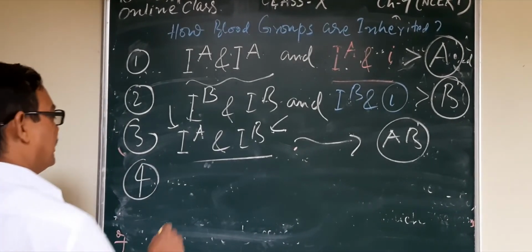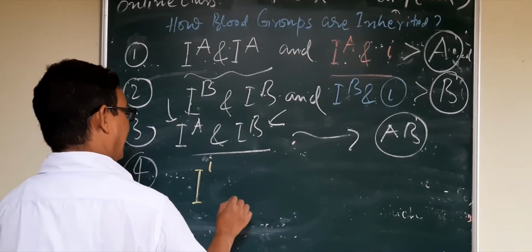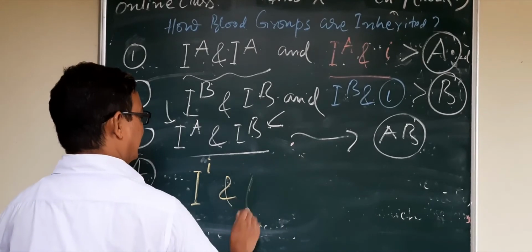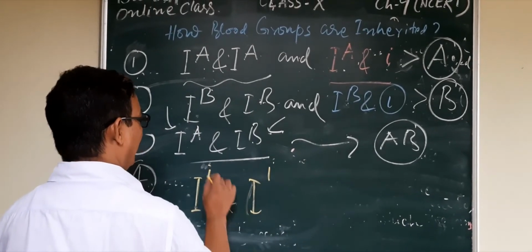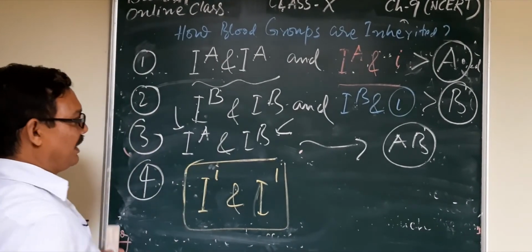If there is i and there is i, that means what they will inherit from both the parents.